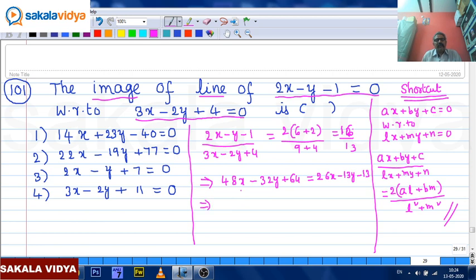So 48x minus 26x is 22x, minus 32y plus 13y is minus 19y, 64 plus 13 is 77 equals to 0. So that means second option is the right option.